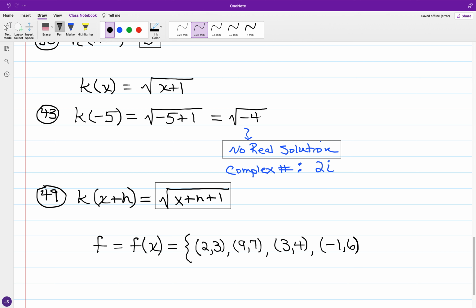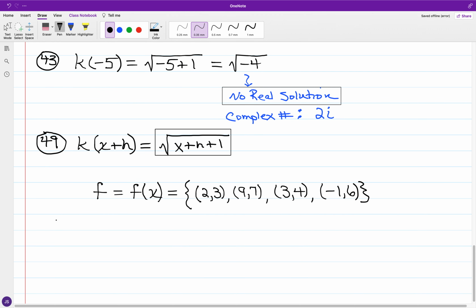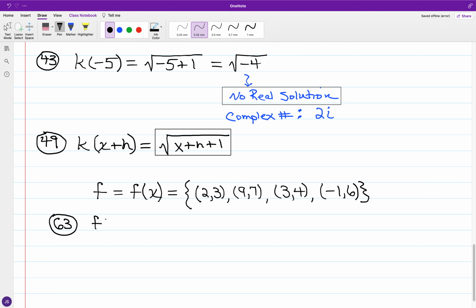Now regarding numbers 63 through 65. For 63, we're looking at f of 9. For 64, we're looking for f of negative 1. And for 65, we have f of 3.